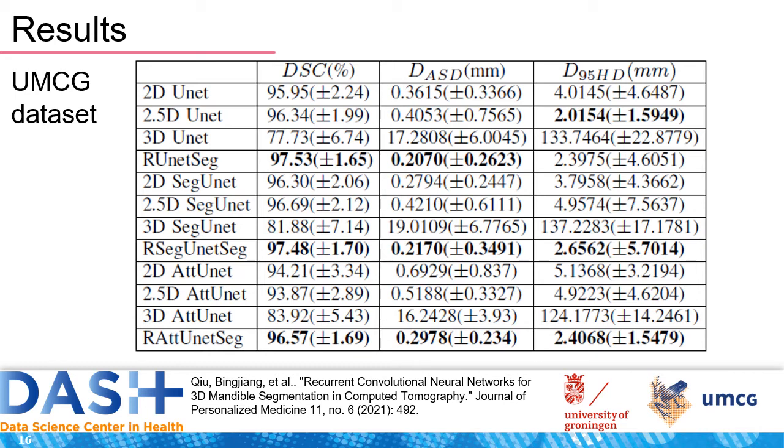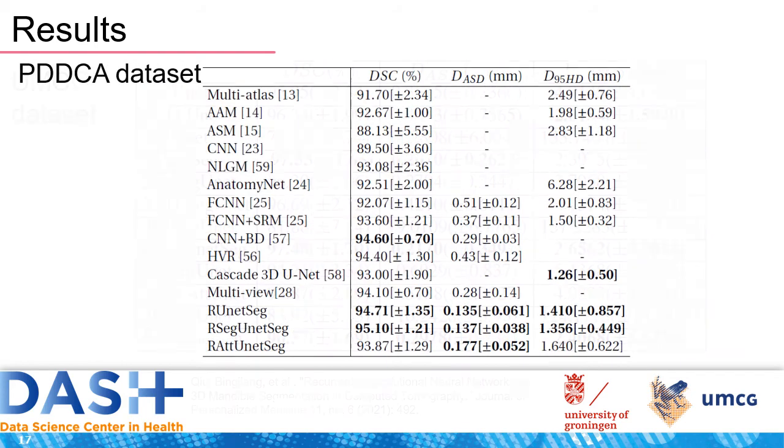Our proposed approaches also achieve the minimal error on the ASD distance. Similarly, we also compare our approach with the state-of-the-art methods on the PDDCA dataset. In general, as you can see, our method outperformed the other existing approaches.